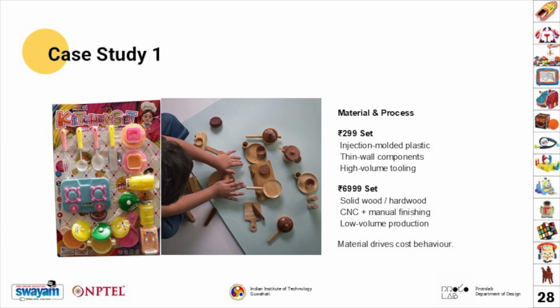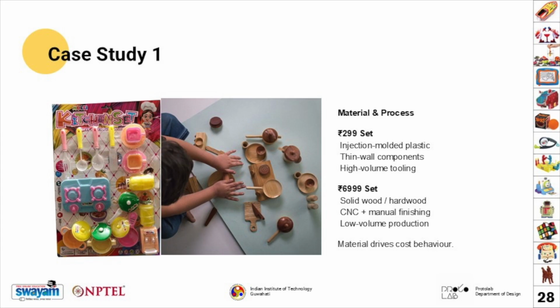Bright color is added during molding, eliminating secondary finishing steps. Tooling cost for injection molding may be high initially, but when spread across tens of thousands of units, tooling amortization per unit becomes minimal.